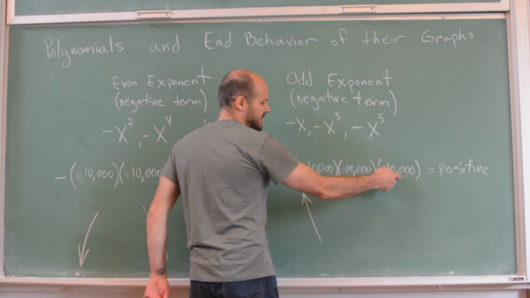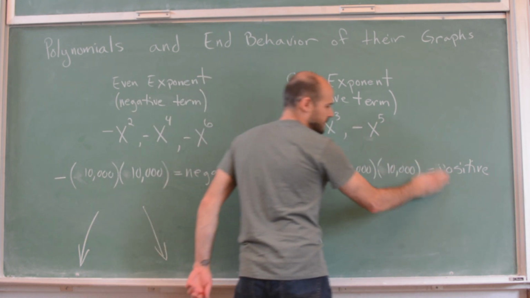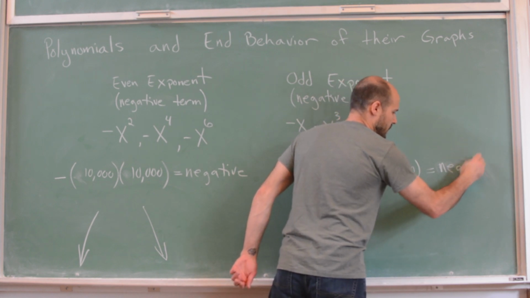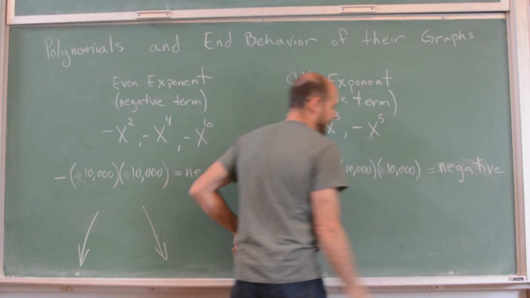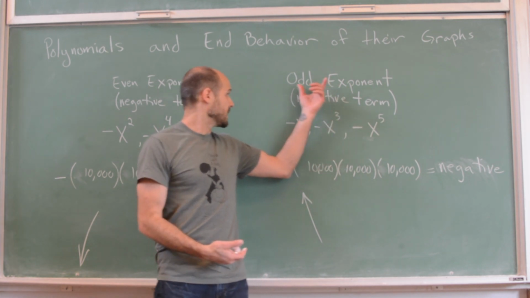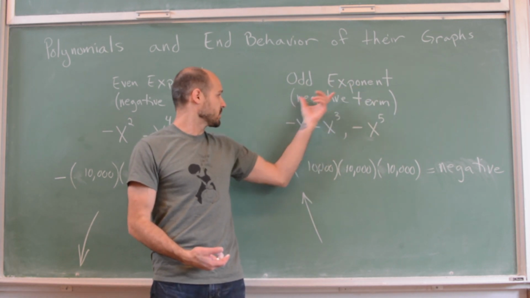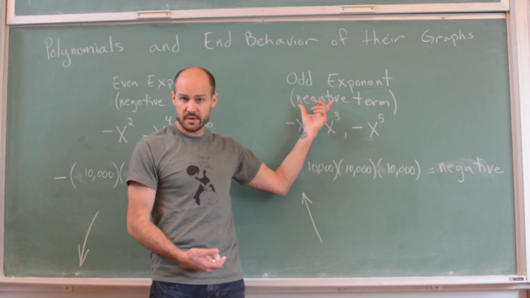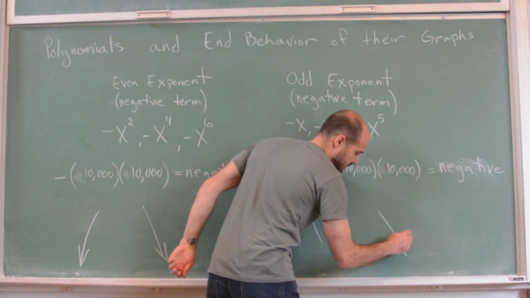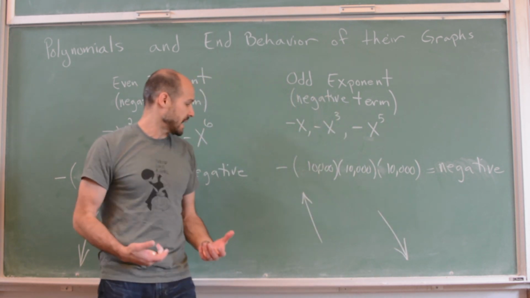And as we switch that and go positive, positive times a positive times a positive times a negative is negative. And that means that when we plug in a positive value in an odd exponent leading term that's negative, we get a negative value, which is decreasing and going down.